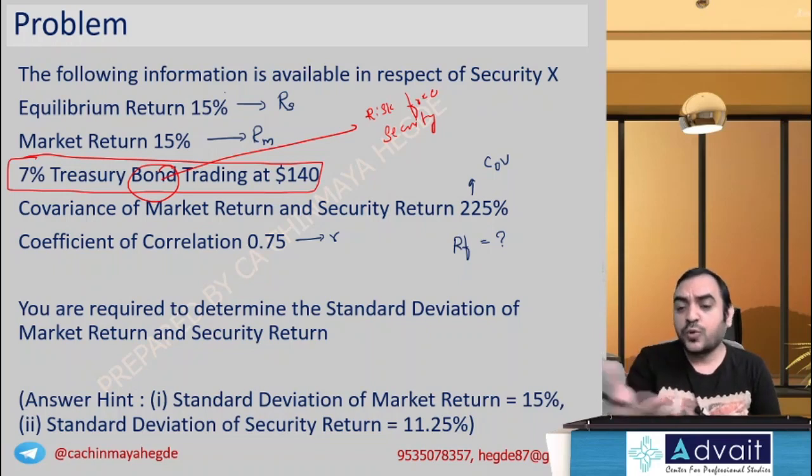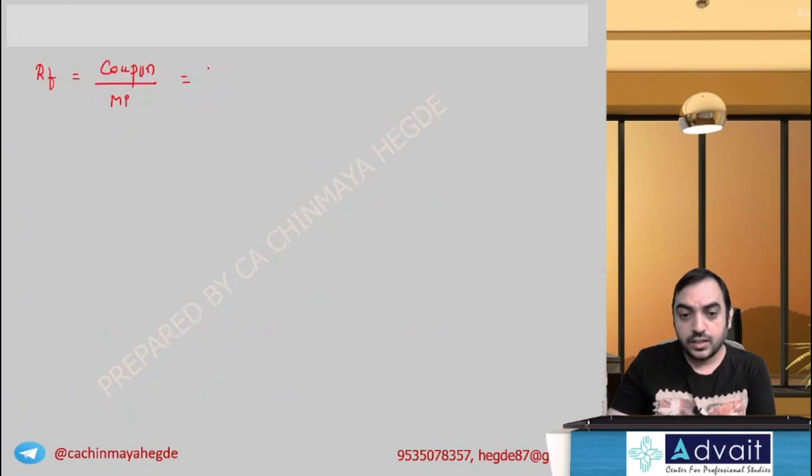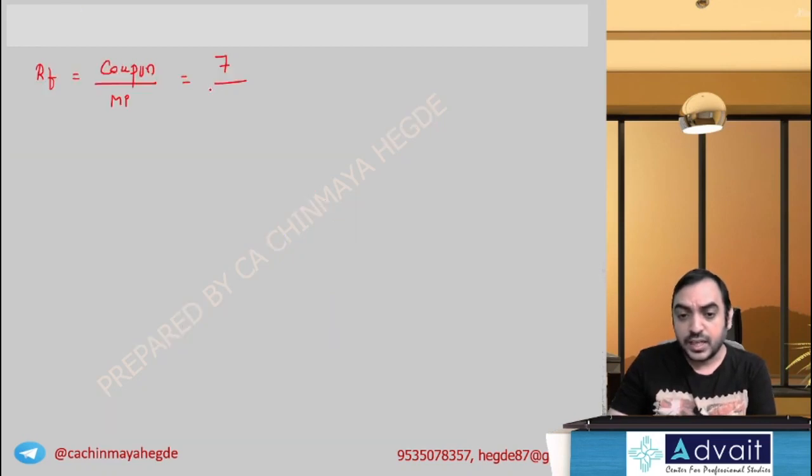So you need to do RF equals coupon divided by market price of the bond, which is 7%, assuming face value 100, so 7 divided by market price 140 into 100.